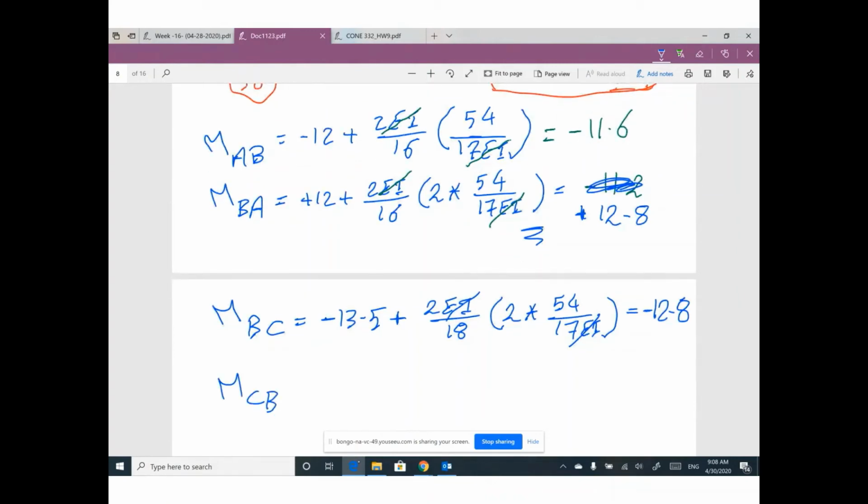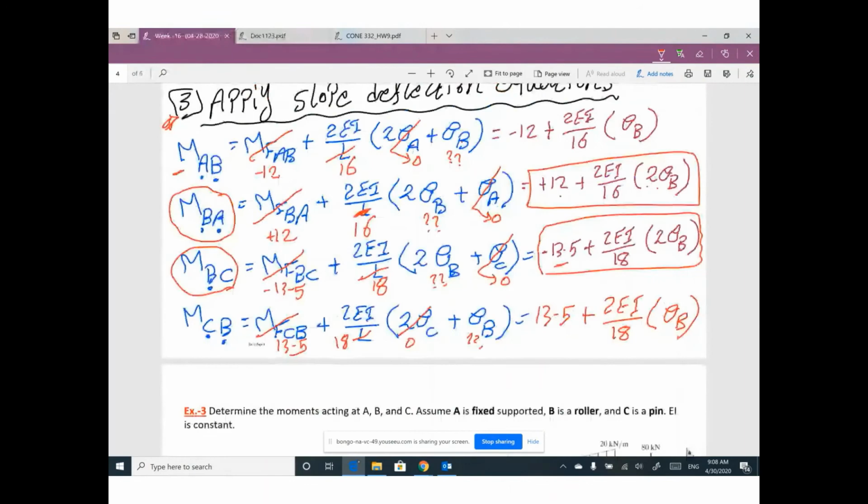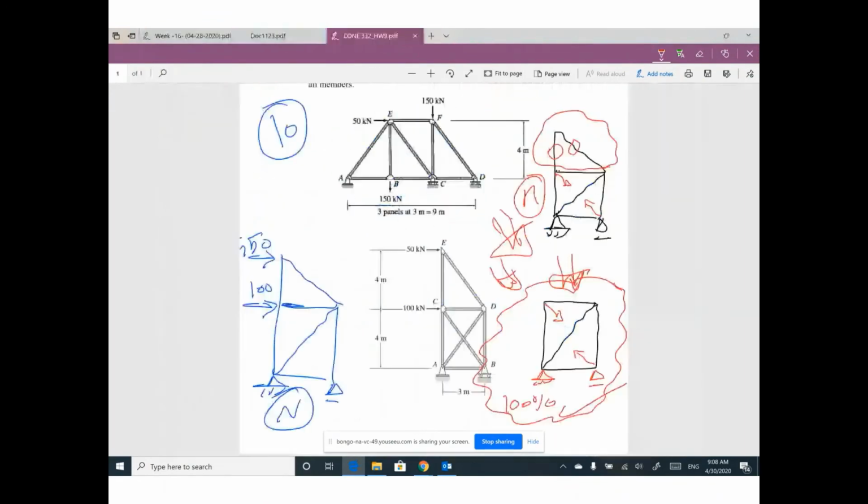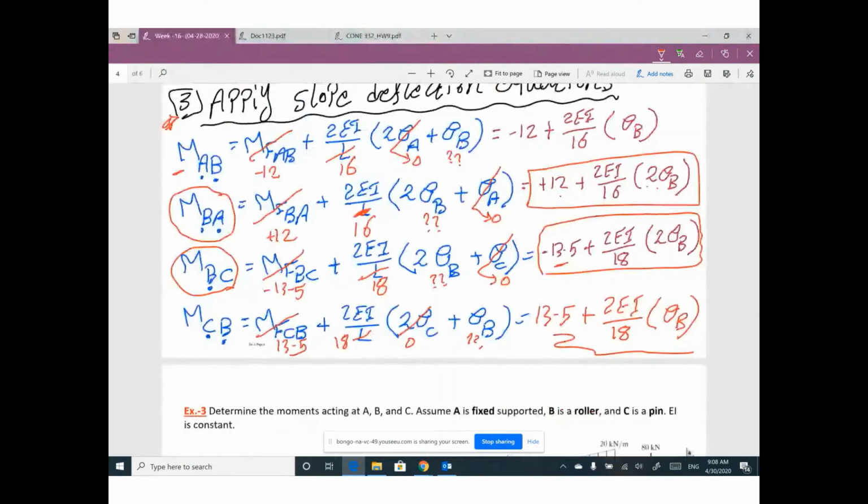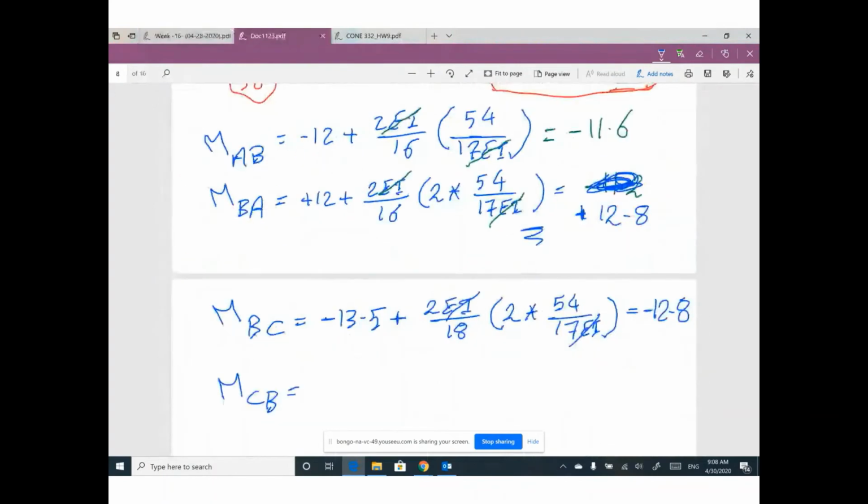MCB, I'm sorry, I got this value in a wrong way. MCB will be, if you remember, positive 13.5 plus 2EI divided by 18 times theta B. I can get a final answer.